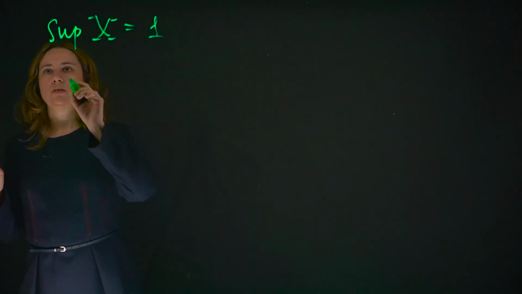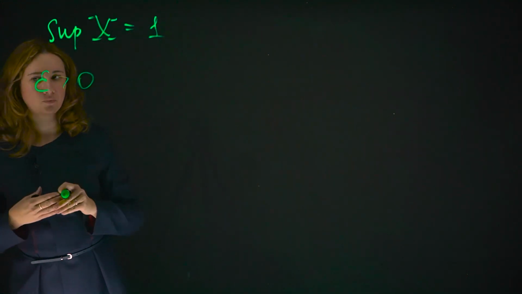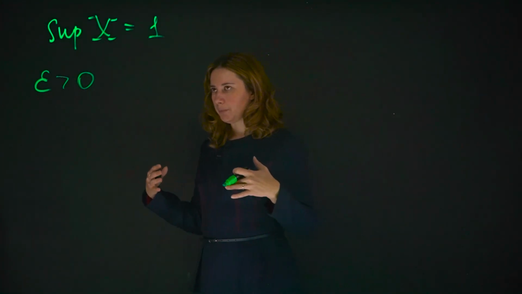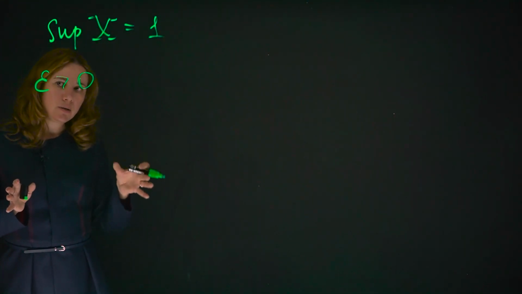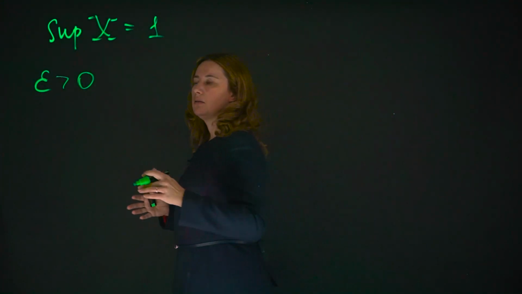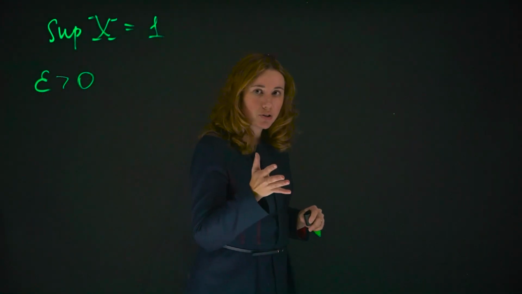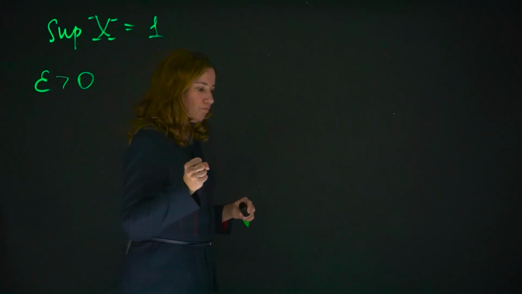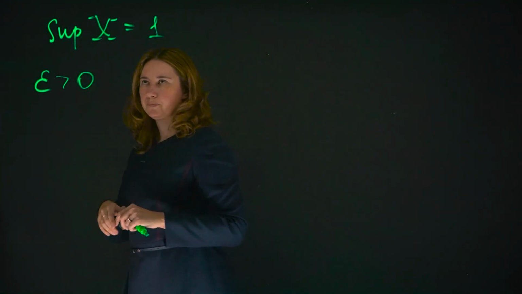Well, now let's consider some positive small epsilon. And now we need to identify whether some element x in our set capital X exists or not, such that our x is less than supremum minus epsilon.